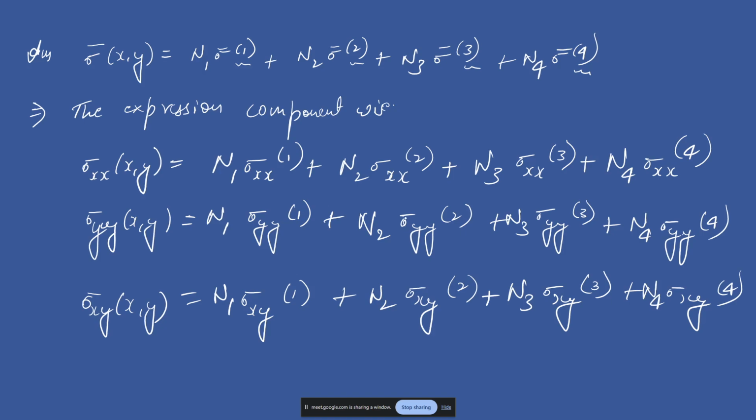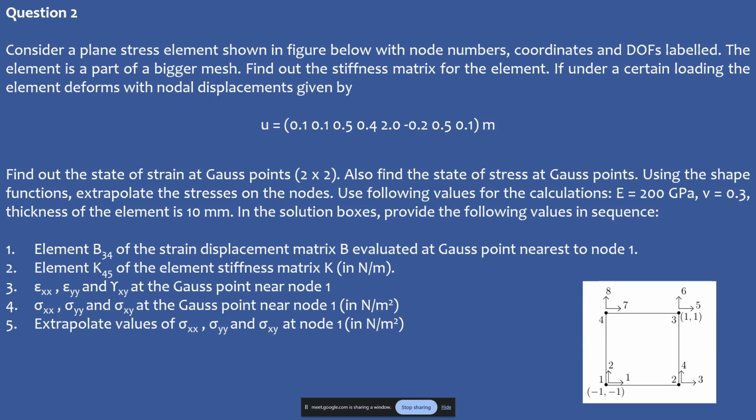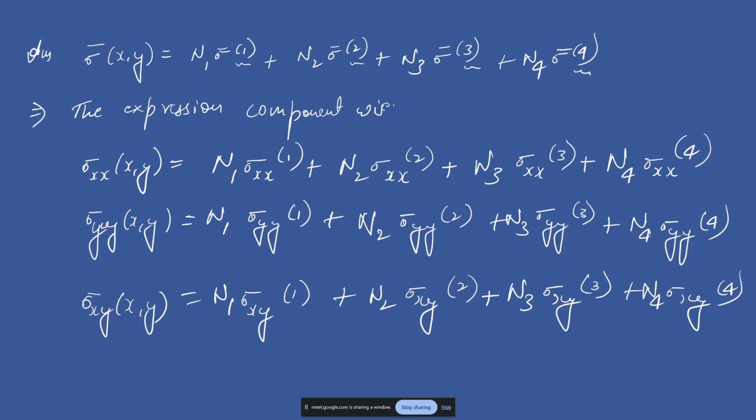So for each Gauss point you need to evaluate. Once you get this, since you can calculate the stress tensor, once you get the stiffness matrix, the stiffness matrix can be utilized to evaluate the strain tensor at all particular nodes.